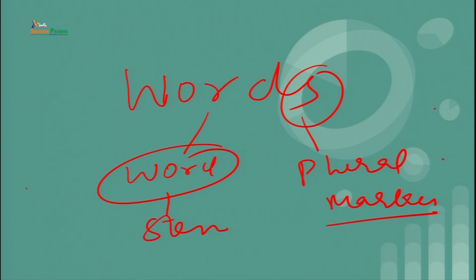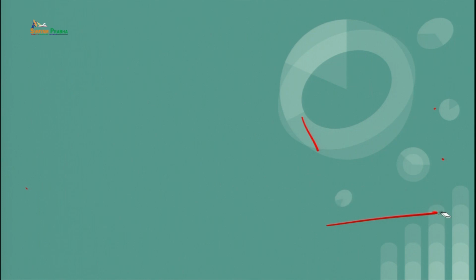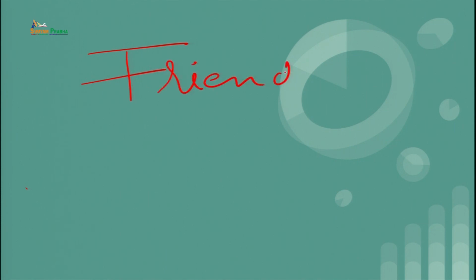Fine. Other examples that we can take up over here, and I think they are important to learn, and these examples can help you to practice, are friend. Okay, let us write friend.